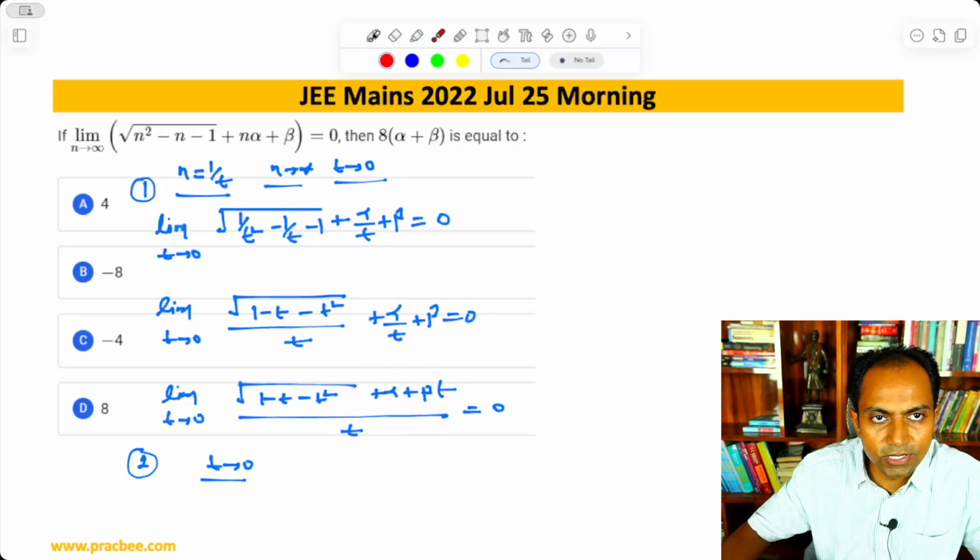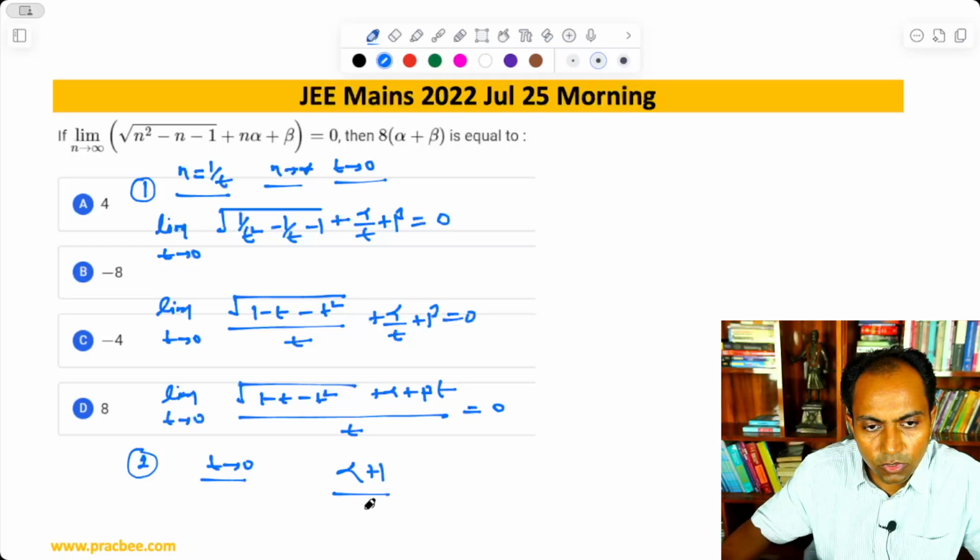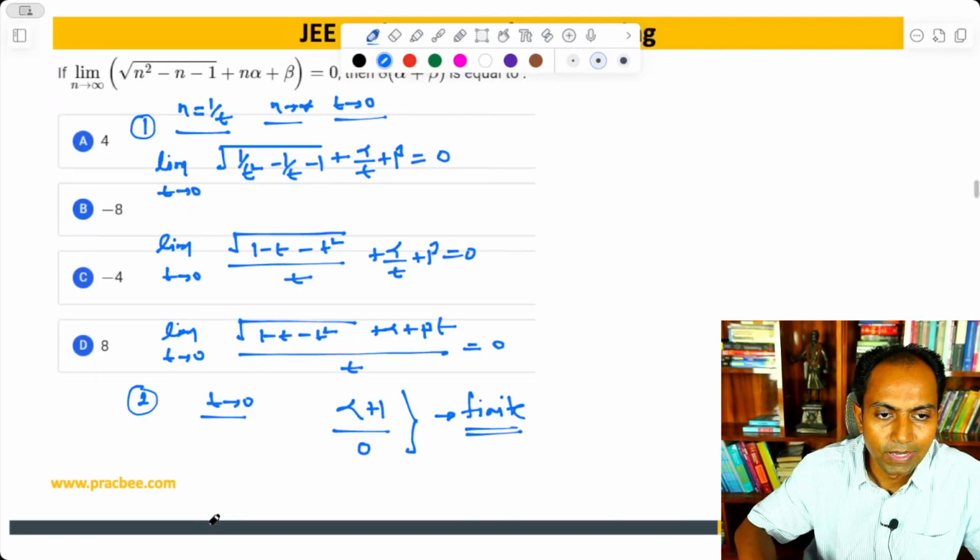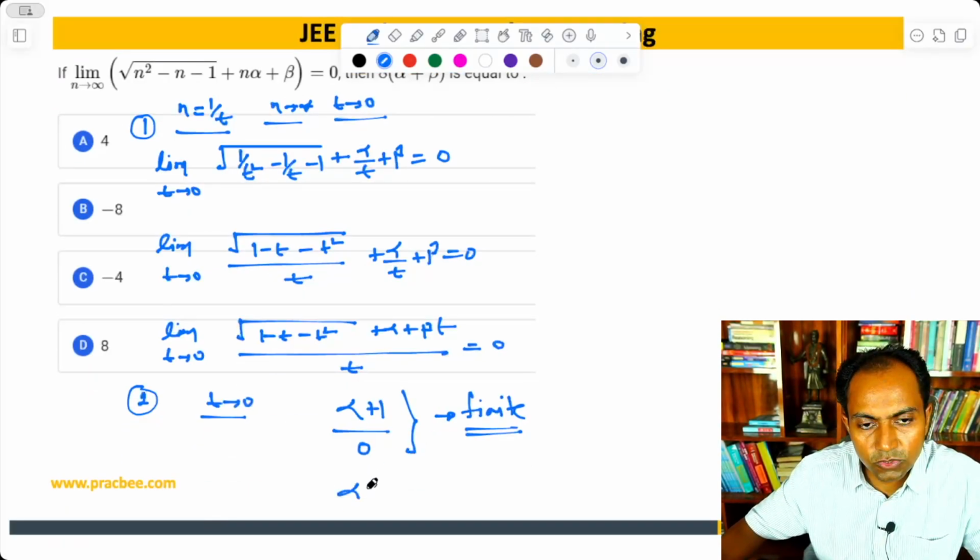So the numerator is tending towards alpha plus 1, whereas the denominator is becoming 0. So this answer will only be finite when it becomes 0 by 0 form, and as a result alpha plus 1 should also be equal to 0. As a result, the value of alpha comes out to be minus 1.